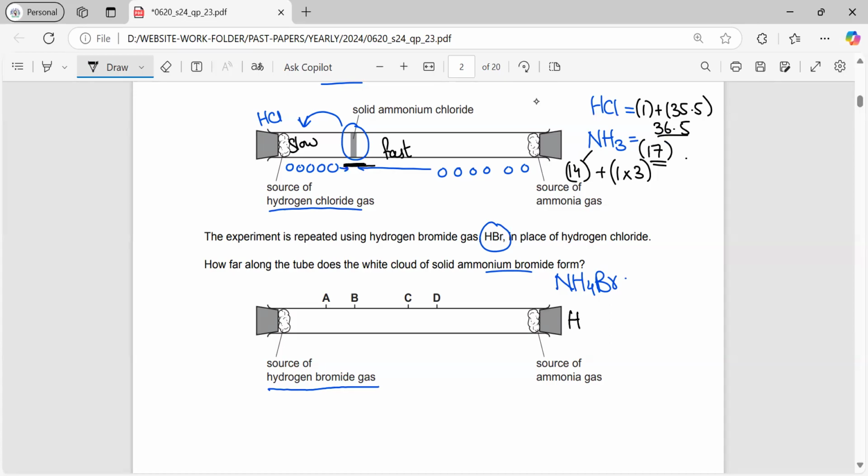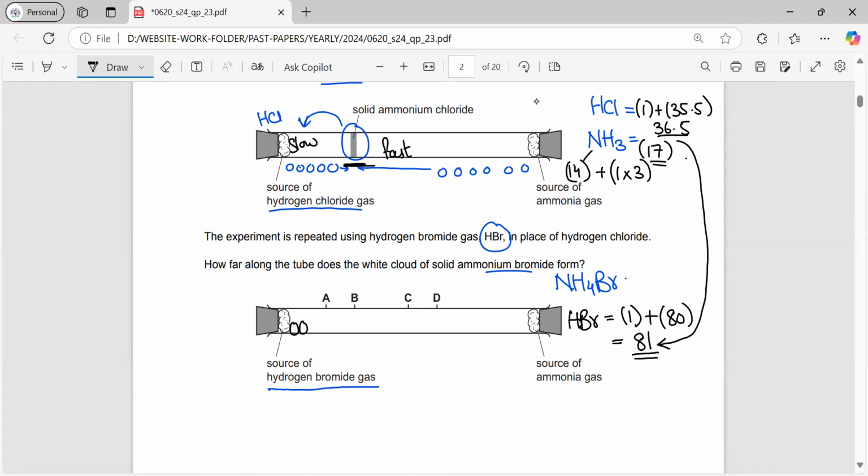Now, if we talk about HBr, hydrogen is 1, and the bromine atomic mass is almost 80, which makes hydrogen bromide 81. So as you can see, hydrogen bromide is almost double that of HCl. So it will move slower than hydrogen chloride gas.